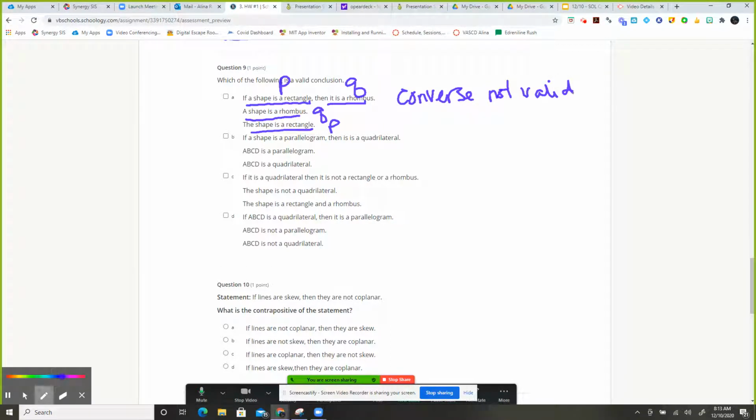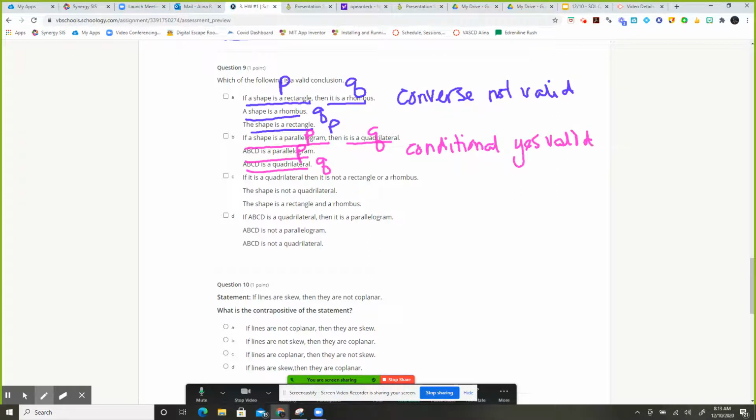So then the next one, a shape is a parallelogram, that's the P, then it's a quadrilateral, that's a Q. That's the conditional. Is that a valid pattern? Yes. Conditional works. Yes, that is valid.